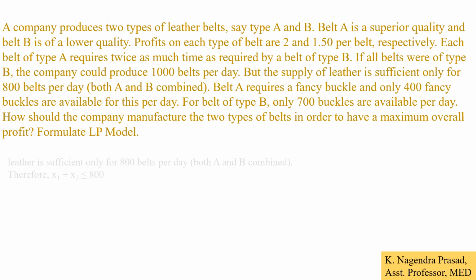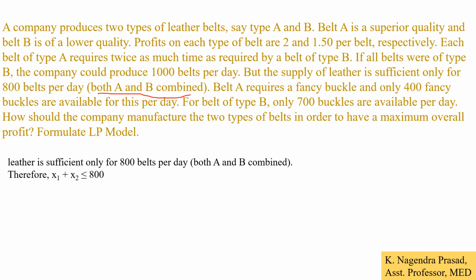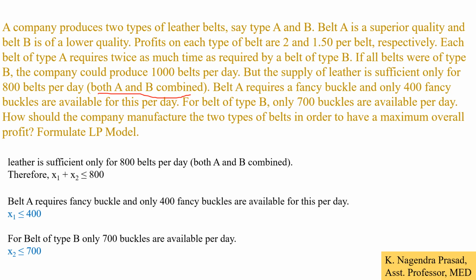And there is one more constraint here. Leather is sufficient only for 800 belts per day. Both A and B require the leather material, so the total number of type A plus type B, which means x1 plus x2, should be less than or equal to 800. Moreover, I have to observe a few more data points.